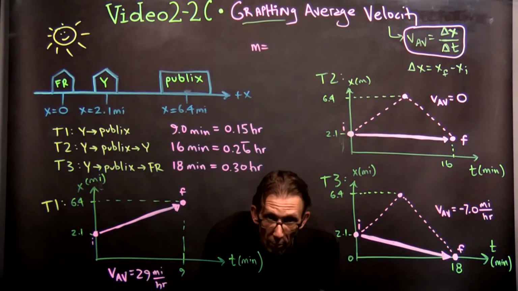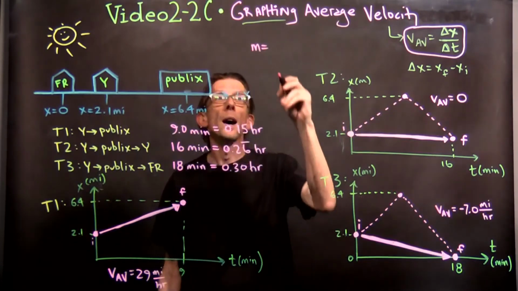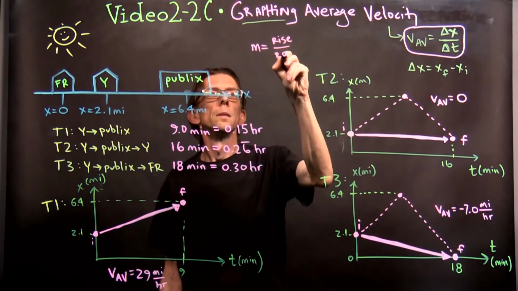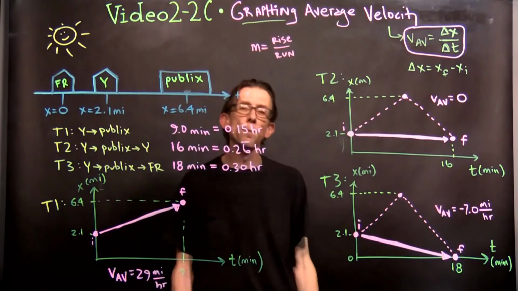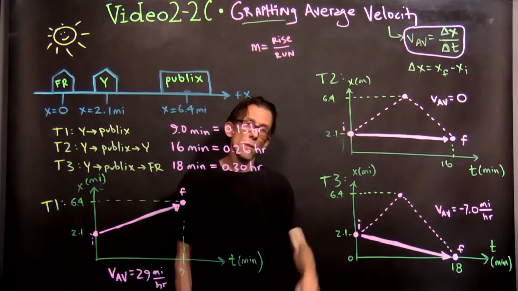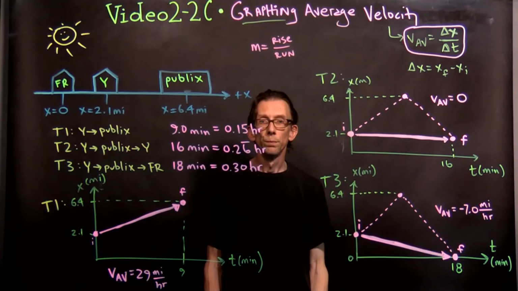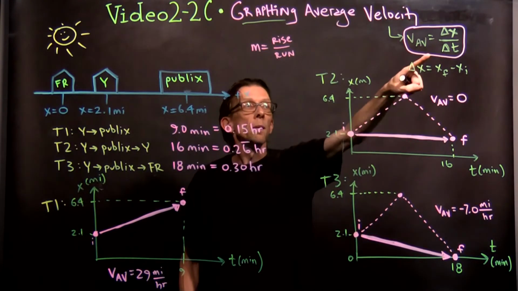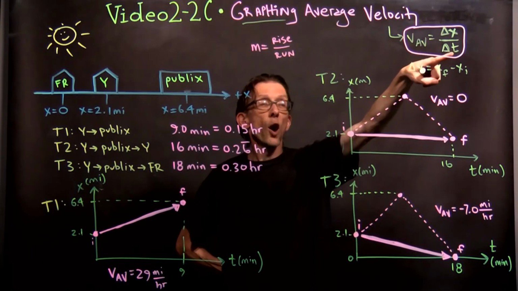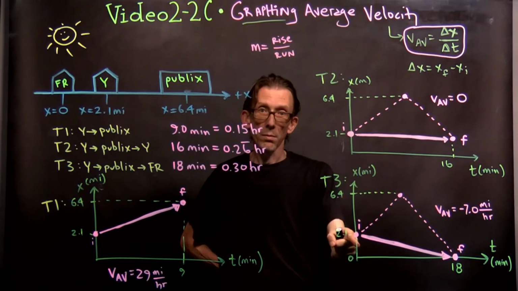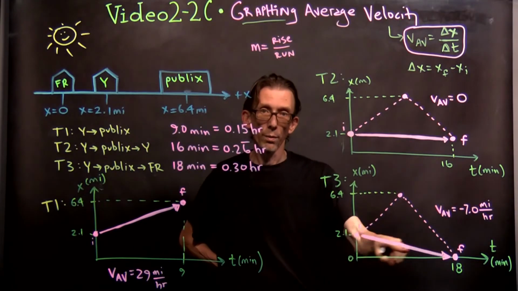That was very impressive. I heard all of you say rise over run. Gold stars for everybody. Virtual gold stars on everybody's foreheads. Rise over run. This delta x over delta t is the rise over the run.